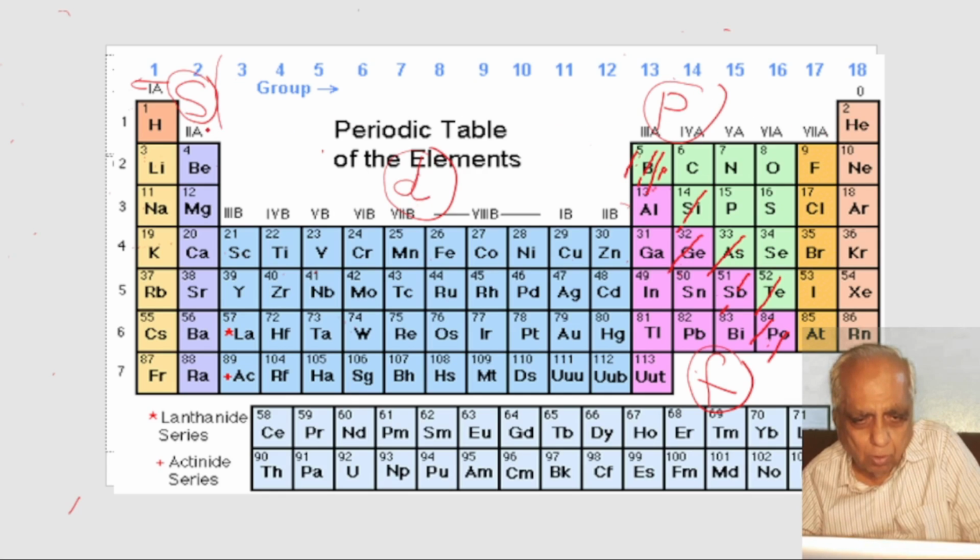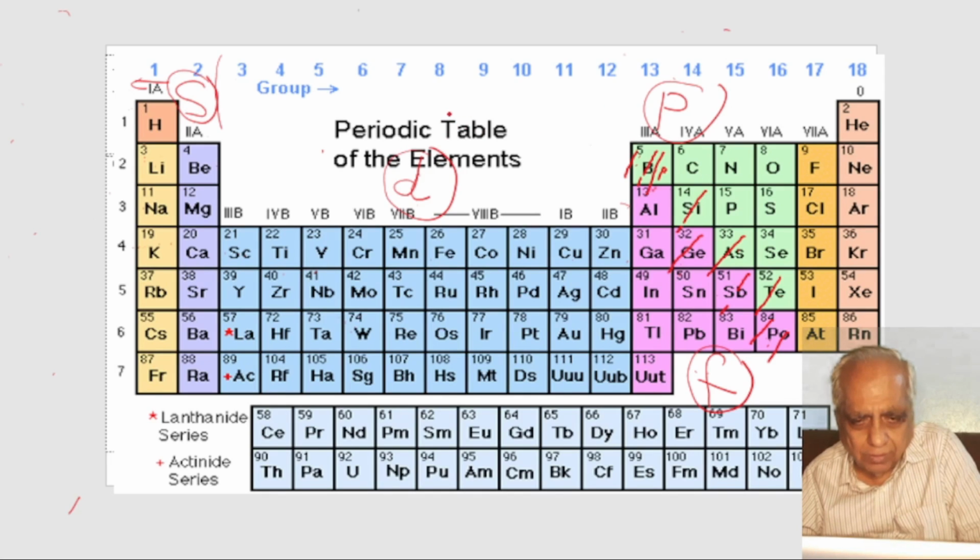So S block is on left of transition elements, P block is on right of transition elements, and the lanthanide and actinide series which are shown below the periodic table, that is called F block. So we have 4 blocks. S block is of group 1 and group 2, D block of transition elements, and from group 13 to 18 are all A's and inert gases, they form P block. So this you should know.